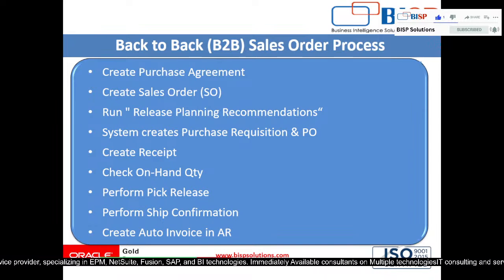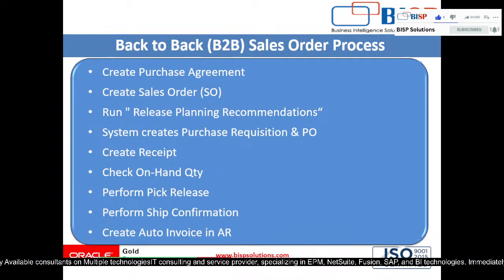After doing all these things, you have to check the on hand quantity. When you check the on hand quantity, it means our items have completely come under our inventory area from the supplier, right? After this task, we have to perform the pick release.